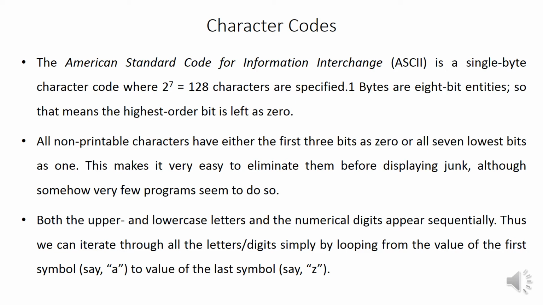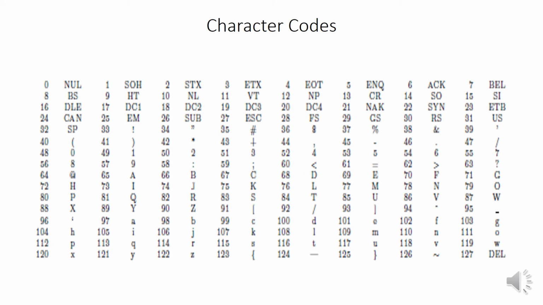Both the upper and lower case letters and the numerical digits appear sequential. Thus, we can iterate through all the letters or digits simply by looping from the value of the first symbol, say A, to the value of the last, that is lowercase a to z.